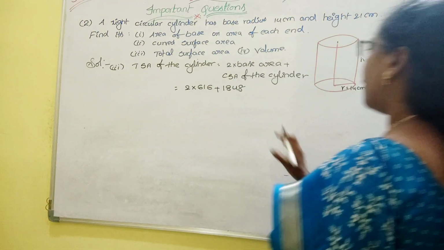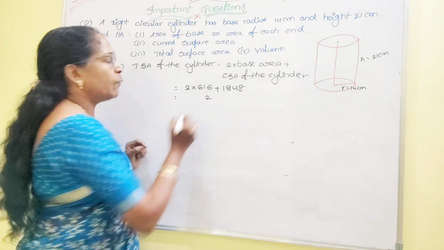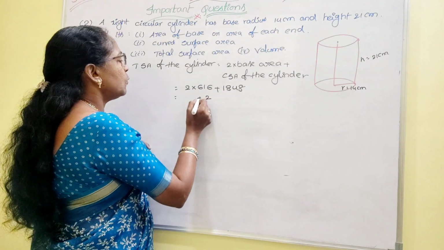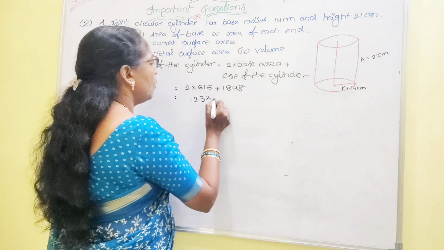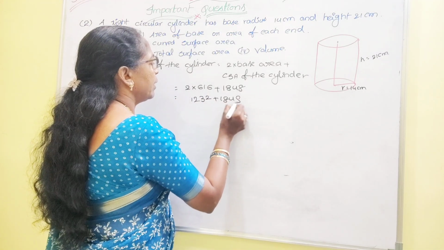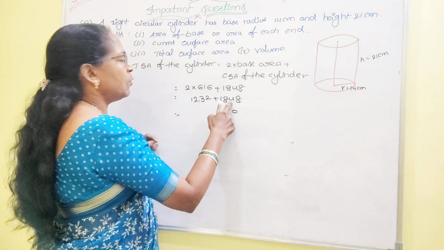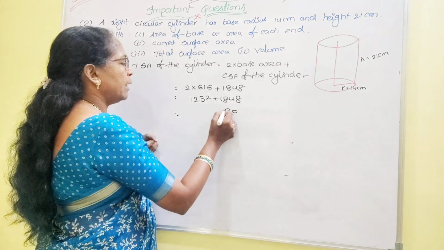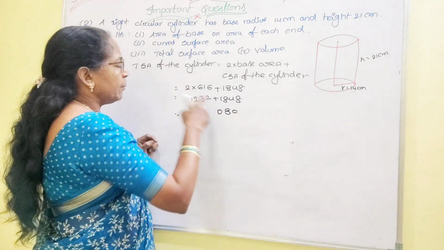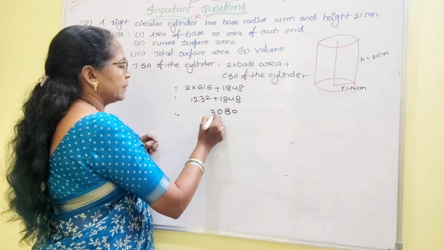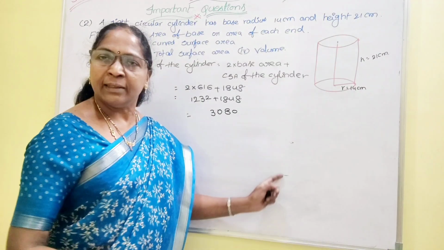This 1848 centimeter square. Now multiply: 2 sixes are 12. Keep 1 in mind, 2 ones are 2, 2 plus 1 is 3, again 2 sixes are 12. 1232 plus 1848. Now add: 2 plus 8, 10; 1 plus 4, 5, 5 plus 3, 8; 8 plus 2, 10, keep 1 in mind; 1, 2, 3. Like this you can add directly, don't write in the vertical manner.